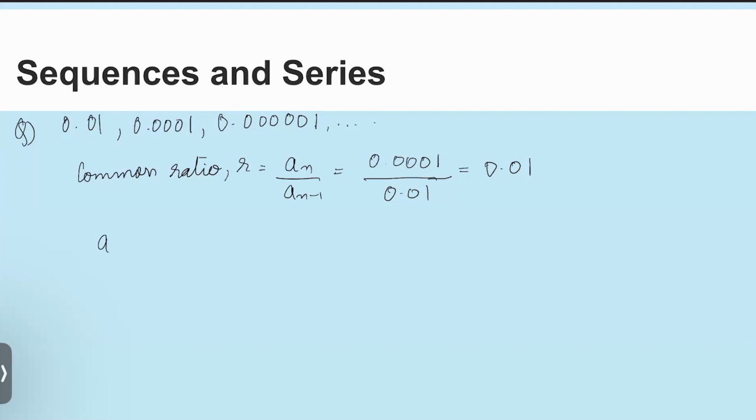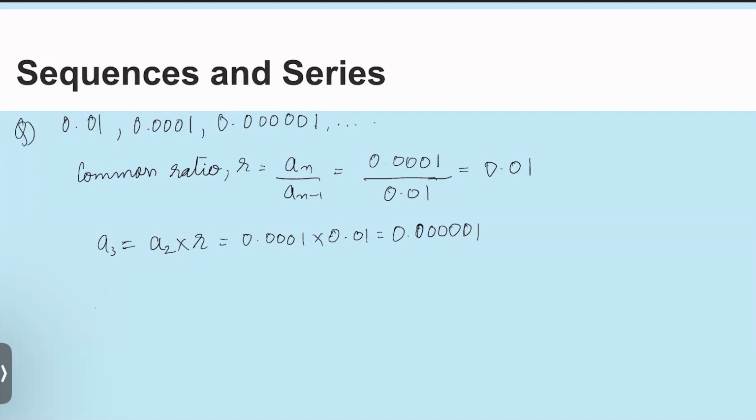So your A3 should be your A2 multiplied by R. So our A2 is 0.001, multiplied by 0.01, which is the common ratio, and you do get it as 0.23451. Okay, so you can see that it is giving you the same answer that we have.